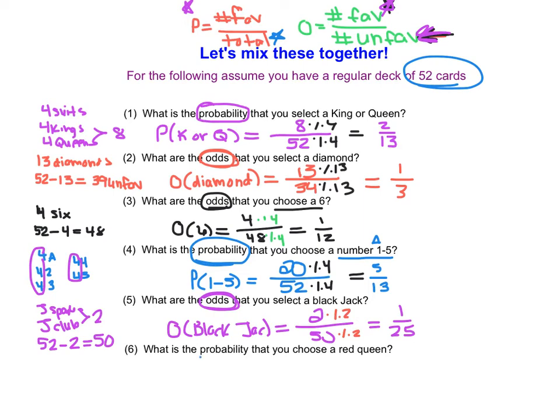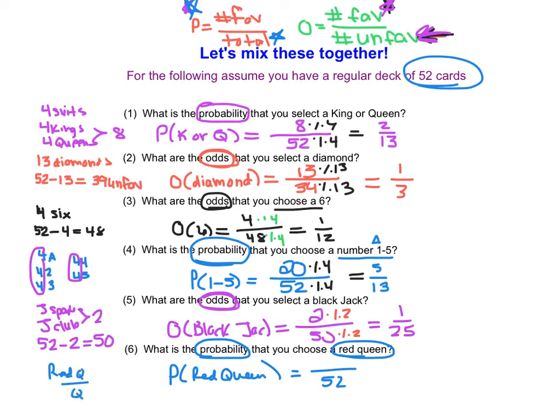And lastly, we need to calculate the probability that you choose a red queen. So probability that we choose a red queen. Now if we look back at the top, we know probability is number of favorable over the total. So my total goes in my denominator, which is 52. My number of favorable, I know that I have a red queen that I need to find.